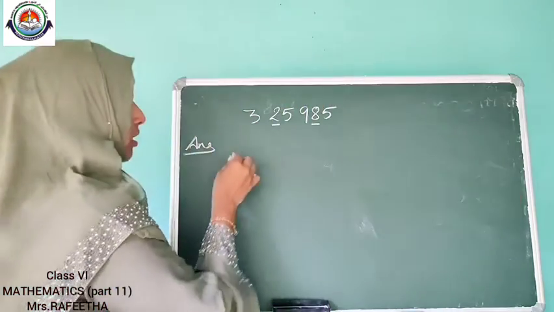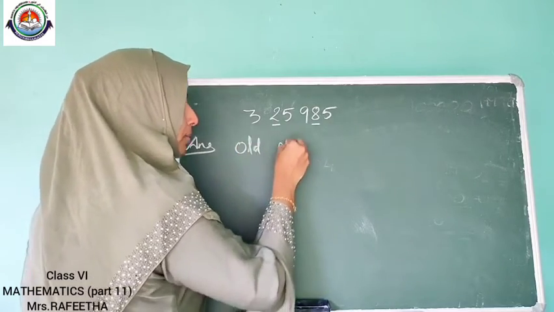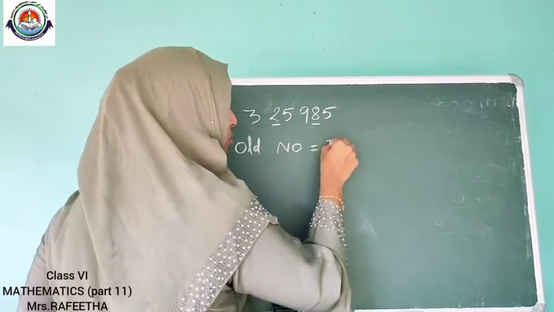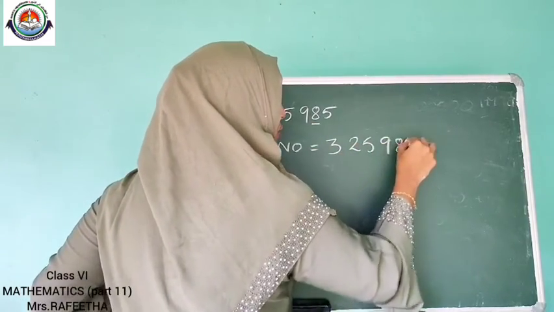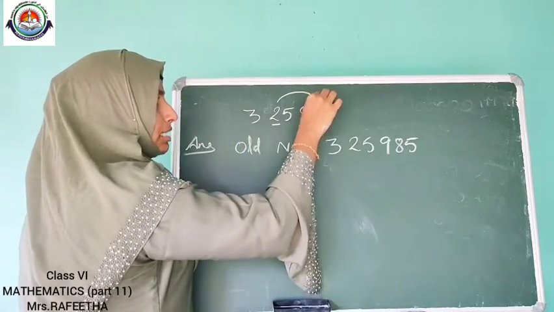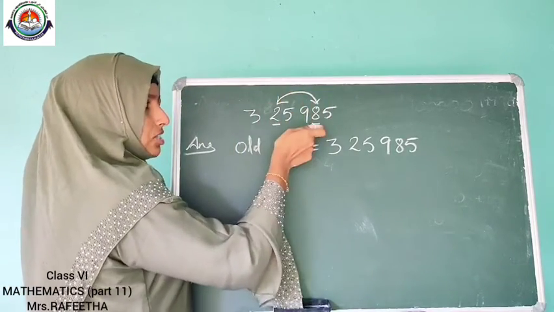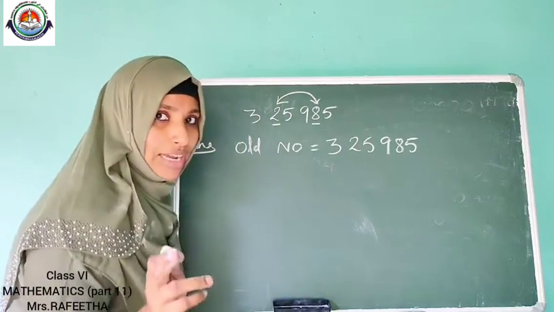So here, what is the new number and the old number? The old number is 3,25,985. They said to interchange, so the new number is what we get if these two digits are interchanged. Instead of this 2, what do we want to write? 8.